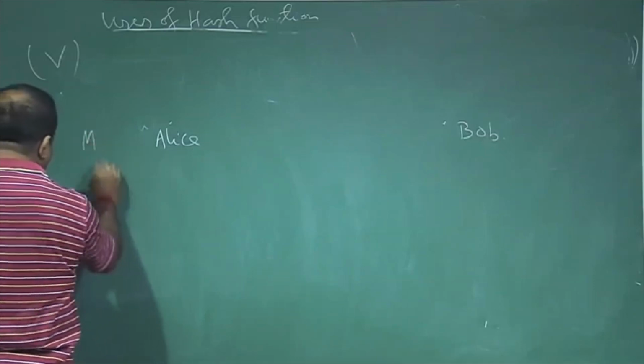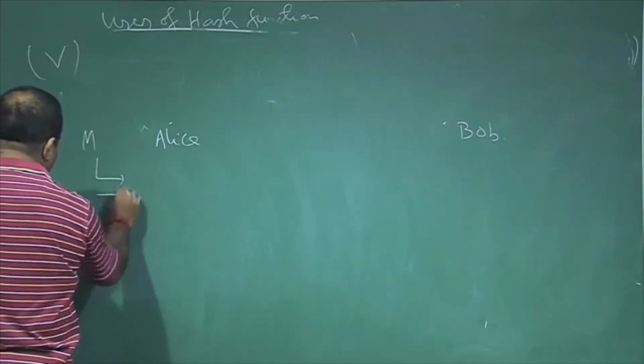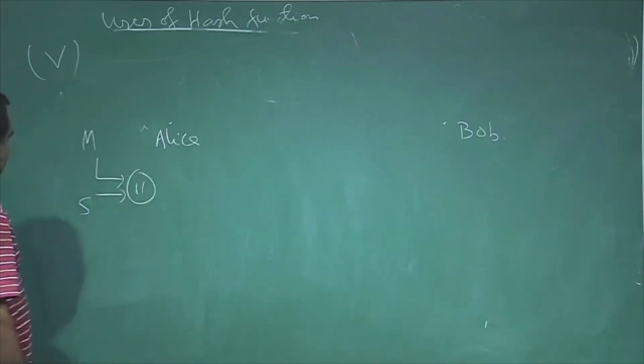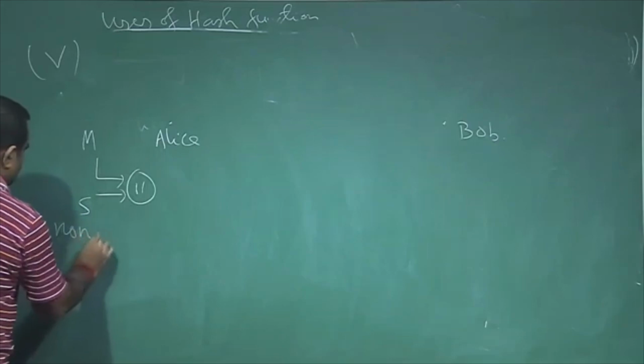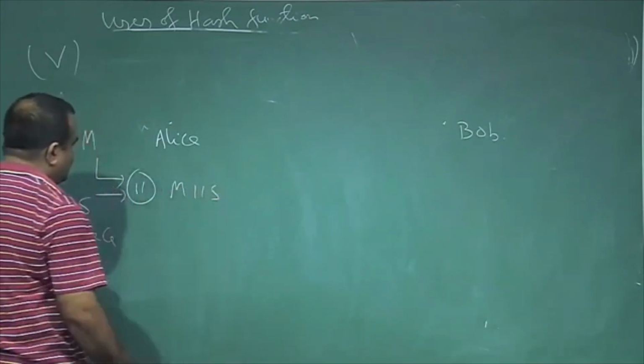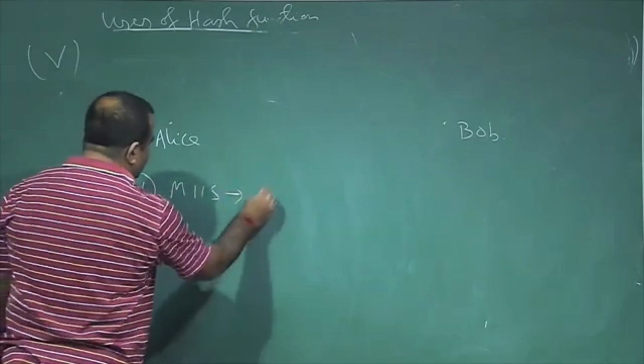What we are doing, this is the concatenation operation, we have a nonce, or it can be a timestamp. So we get M concatenated with S, then on this we apply the H function.